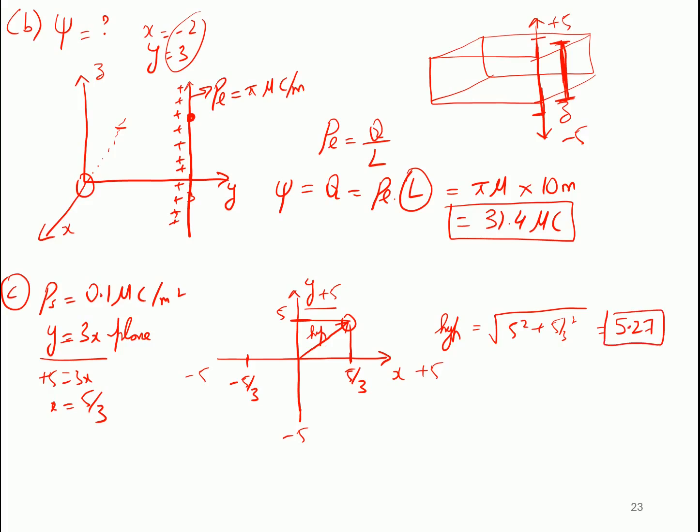If this side is 5.27, similarly the other side is also going to be 5.27. This means the total length is going to be 5.27 into 2, which is 10.54. This is on the y-x plane. So my sheet is now going to be something like this.